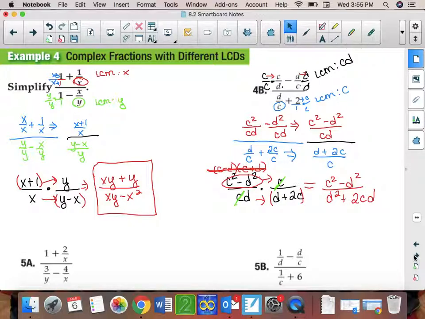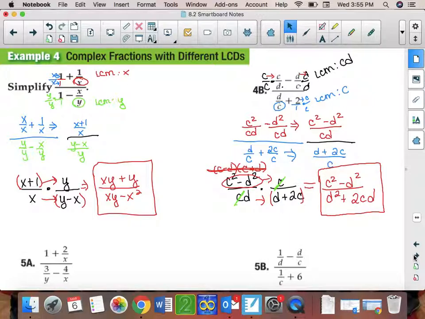Okay. And just as a reminder, you can't cancel this d squared and this d squared because they are married to their top, married to the bottom. And so that is going to be my final answer.